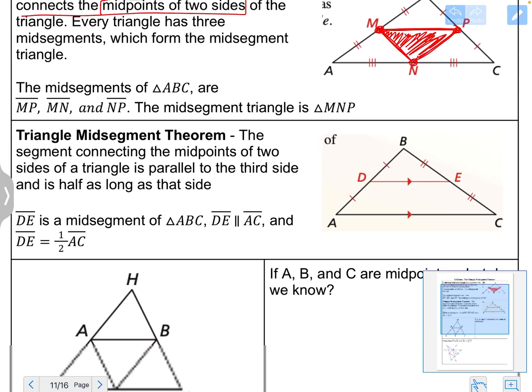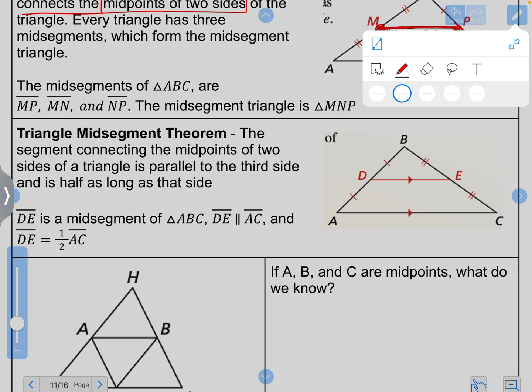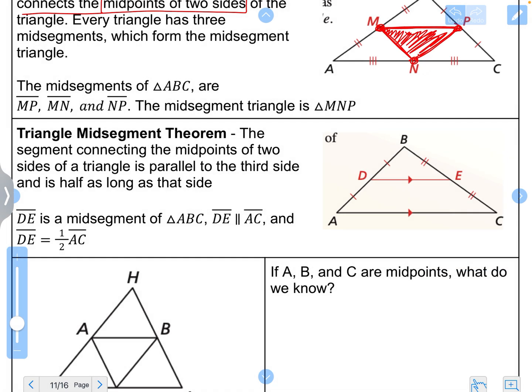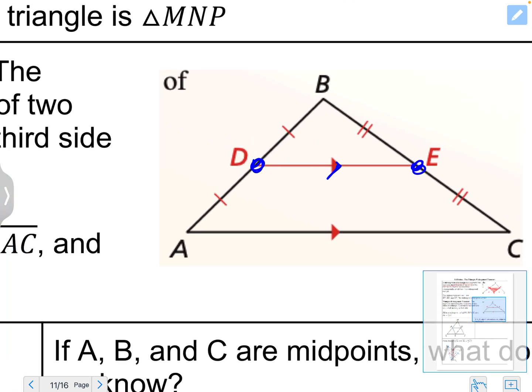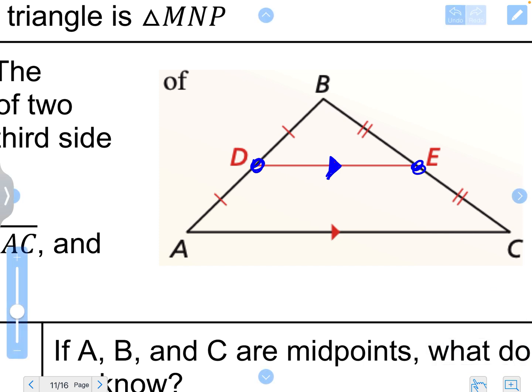Now let's talk about what we know because of our midsegment theorem. So if D is the midpoint of BA and E is the midpoint of BC, the first thing that we know is that these two lines, DE and its base, are going to be parallel.